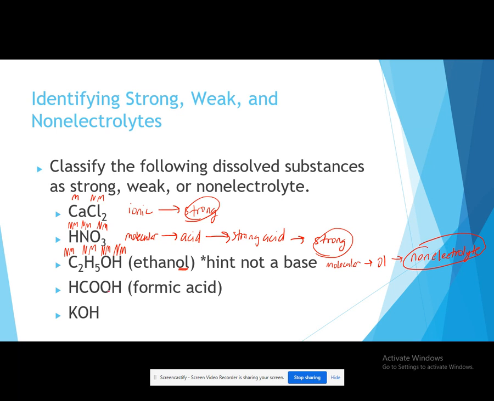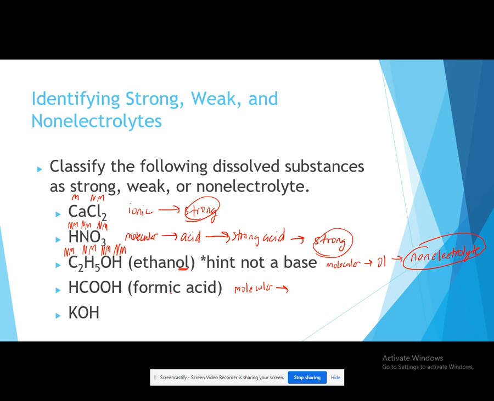Okay. Then we go down here, this example. If we look, these are all non-metals, which means this is molecular. That takes us over, and we have to ask ourselves, okay, molecular, is it an acid or a base?